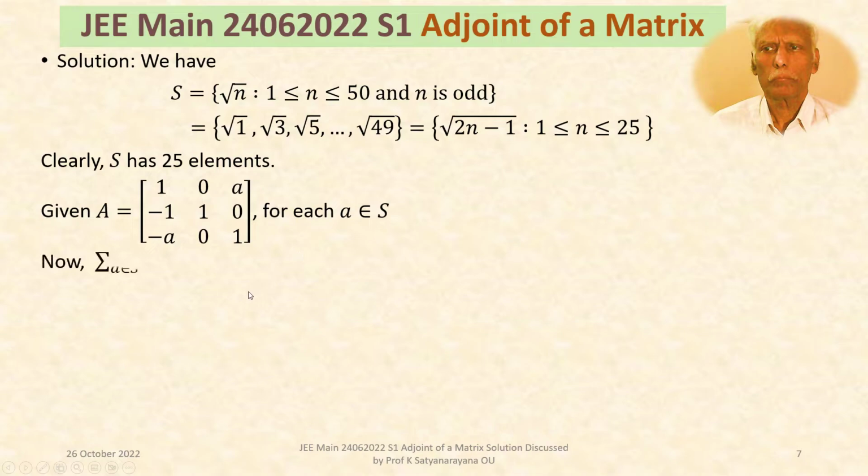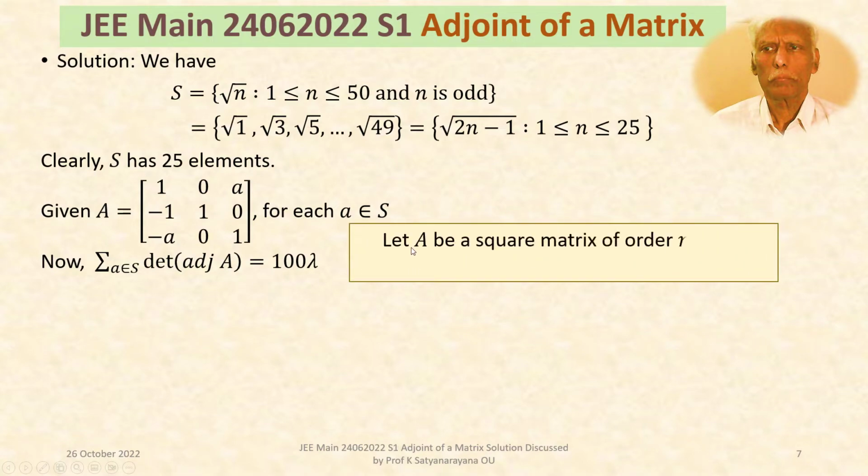And now the sum of determinant of adjoint of A, where the sum runs over all a belonging to S, is equal to 100 times lambda, and we have the result, that is, let A be a square matrix of order n, then we have determinant of adjoint of A is equal to determinant of A to the power of n minus 1 when A is non-singular.